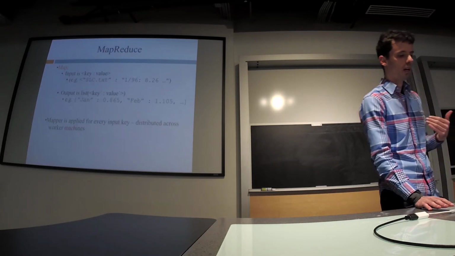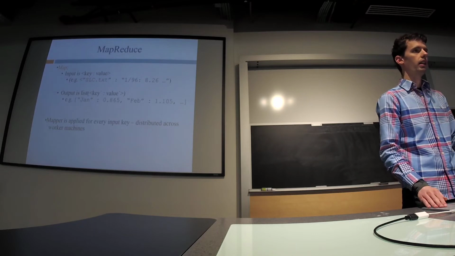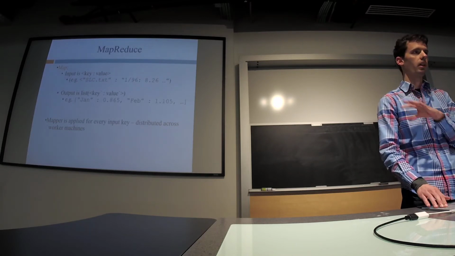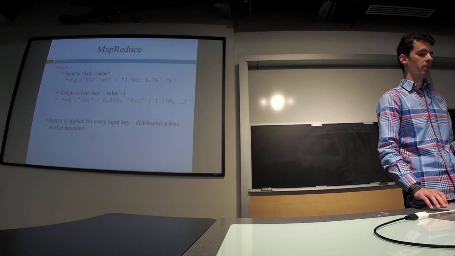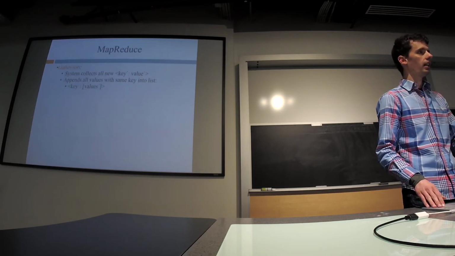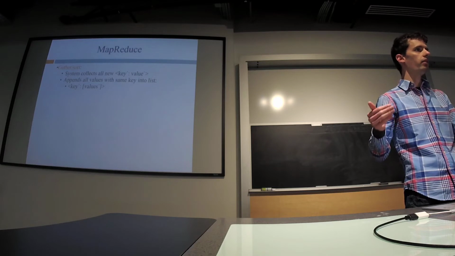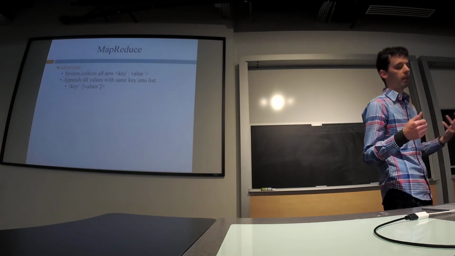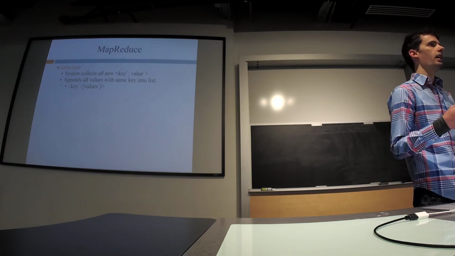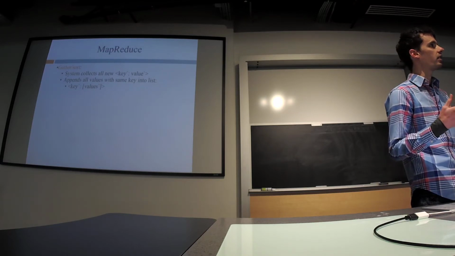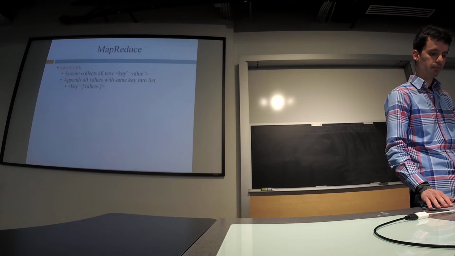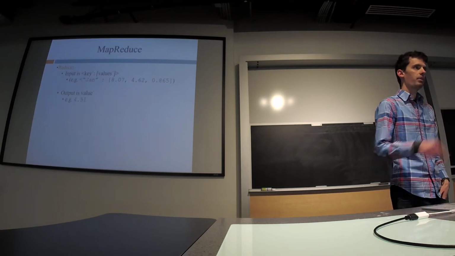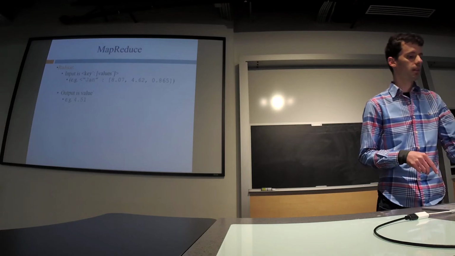Okay, so we went from key value to key prime value prime because we're dealing with just one mapper at a time. Then you take all of those mapped results and you get key prime list of value prime. Okay? And this is assuming that there will be some keys in common out of all of those mappers. And that's the basic idea, is there will be. And then that becomes the input to reduce.